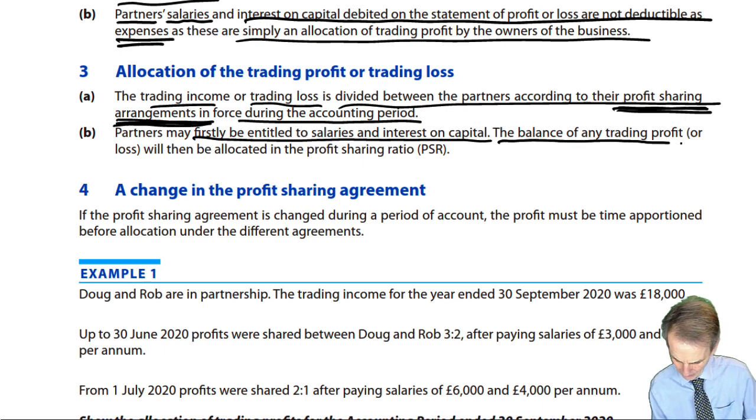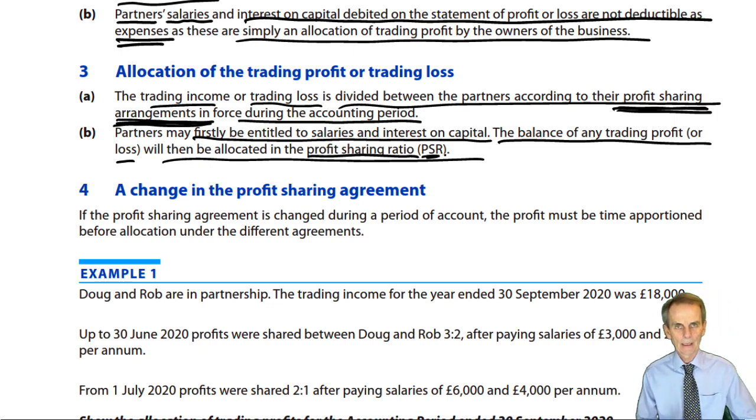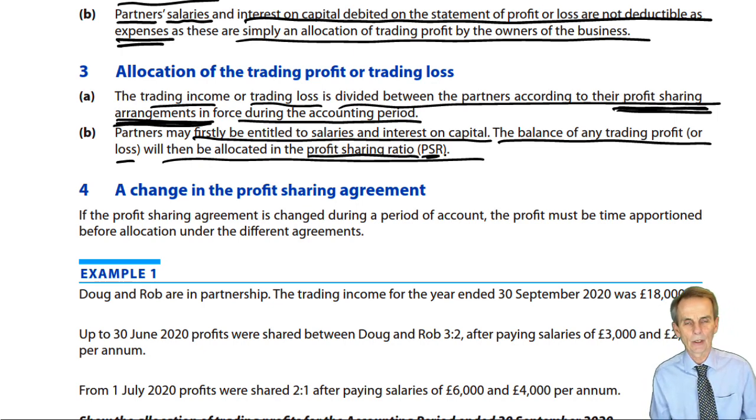Then the balance of any trading profit or loss would be allocated in the profit sharing ratio, the PSR. So all we're going to do is get the tax-adjusted trading profit of the partnership and split that for the accounting period according to the profit sharing agreement in force during the accounting period.